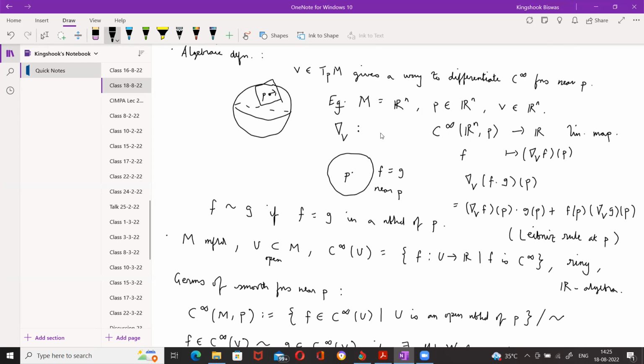So this is the basic fact which will allow us to define the tangent space for a manifold. Now let me come to the notes.